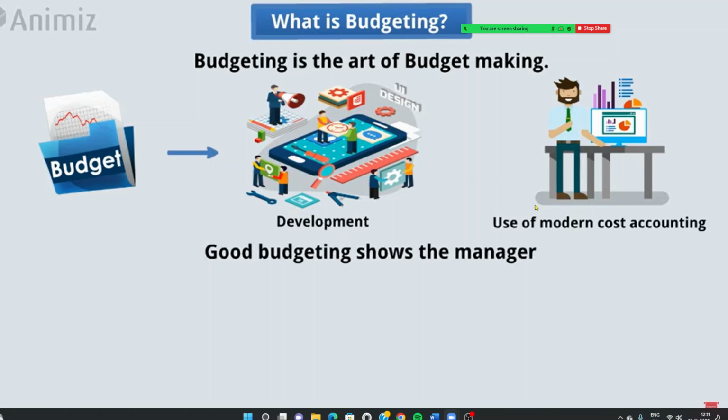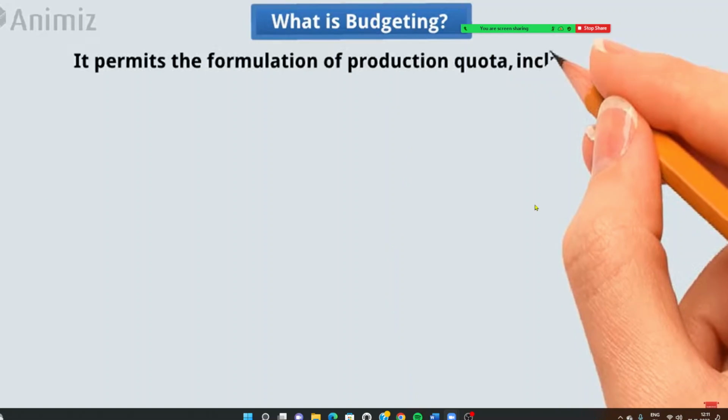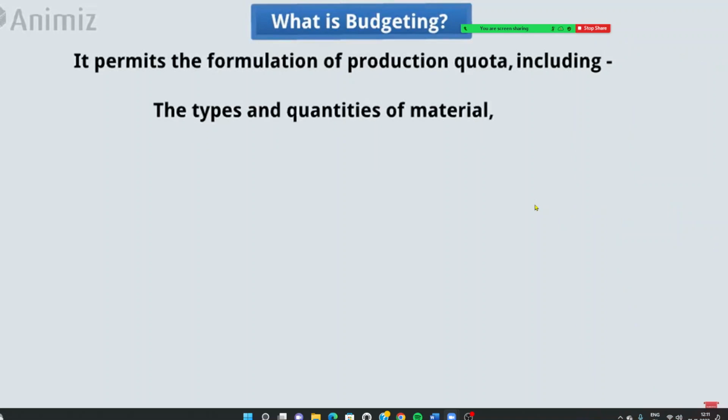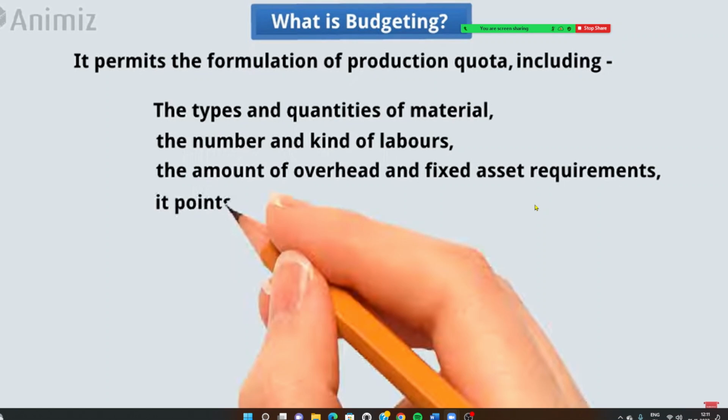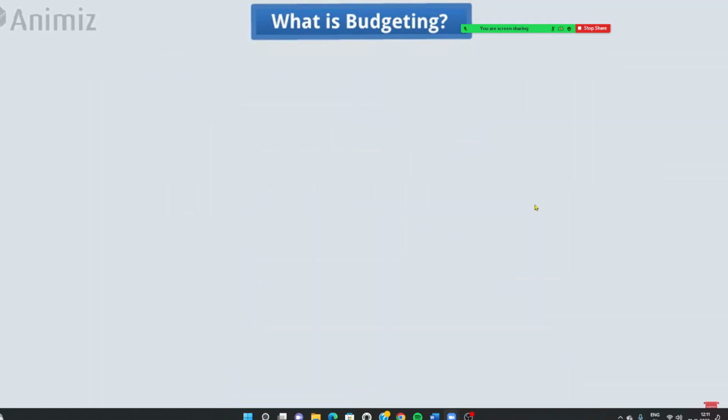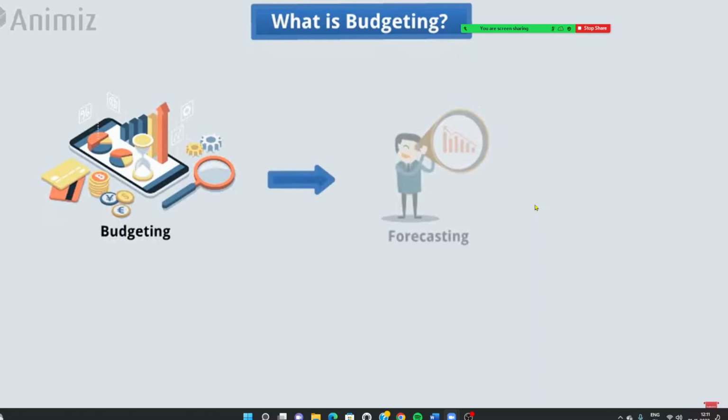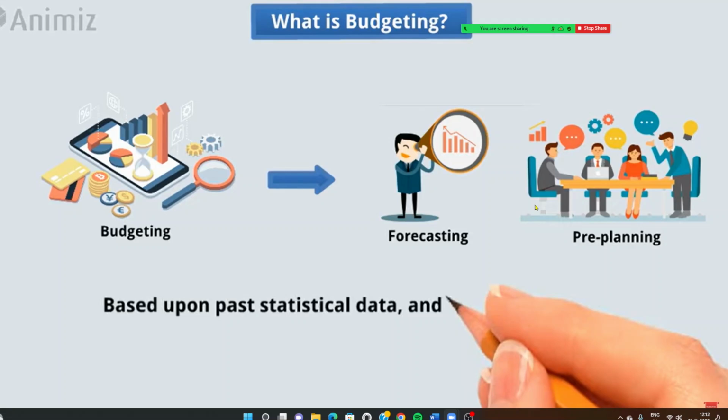It permits the formulation of production quota, including the types and quantities of material, the number and kind of labors, the amount of overhead and fixed asset requirements, and it points out financial requirement needed to accomplish the budget plan. Thus, budgeting implies forecasting and pre-planning for the budget period, based upon past statistical data, and present conditions.